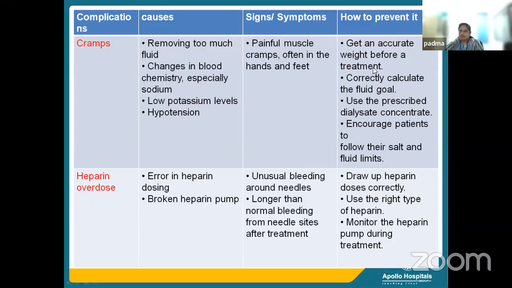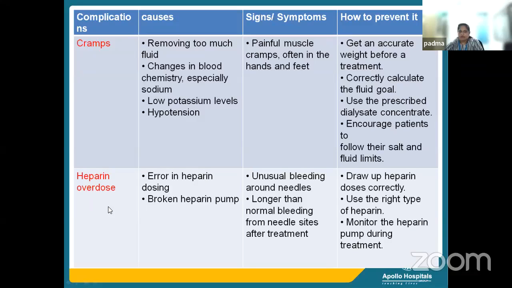So before the dialysis process, we need to do accurate management: weigh before treatment, correctly calculate the fluid goal, use the prescribed dialysate concentrate, and encourage patients to follow their salt and fluid limits.